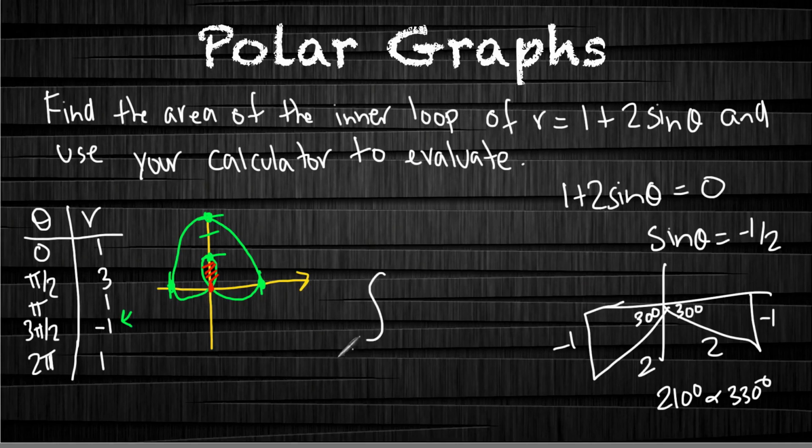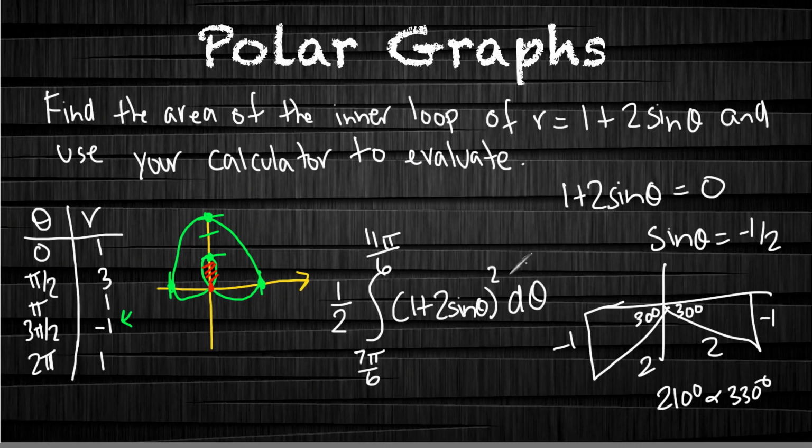So we're going to integrate using our area formula, 1/2 times the integral from 7 pi over 6 to 11 pi over 6 of 1 plus 2 sine of theta, squared, d theta. And when we plug this into our calculator, we get 0.544 as a final answer.